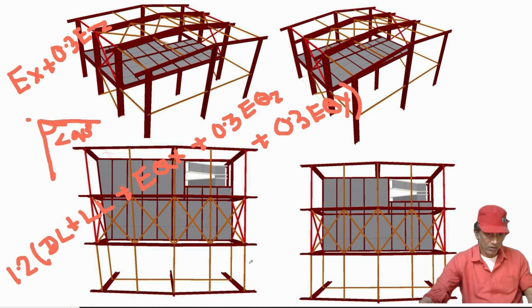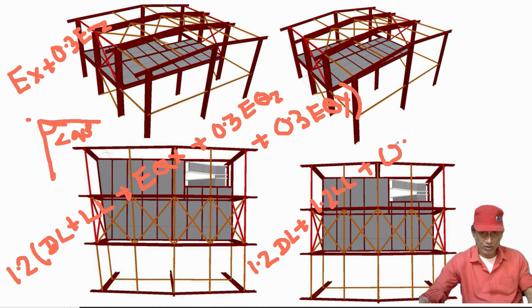So the actual load combination we'll be getting is 1.2 DL plus 1.2 LL plus 0.36, sorry.